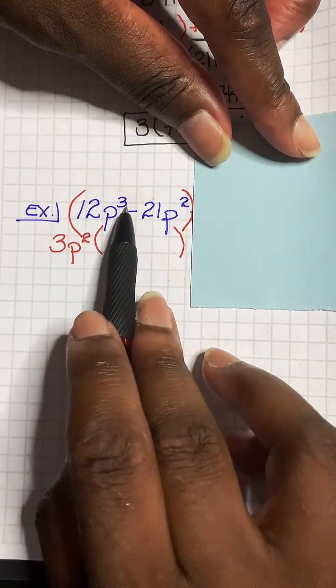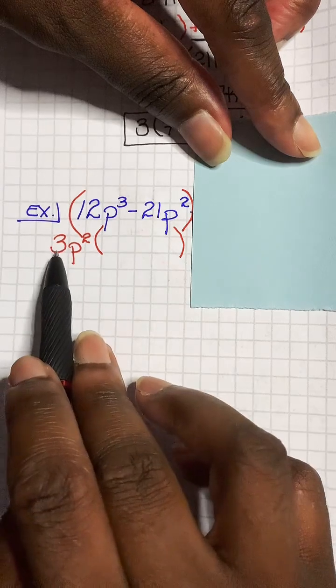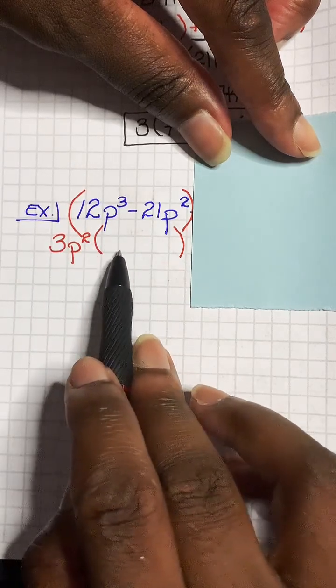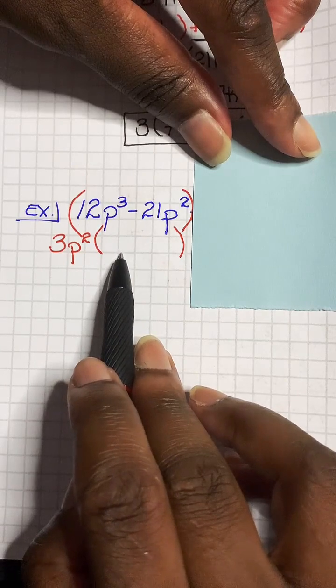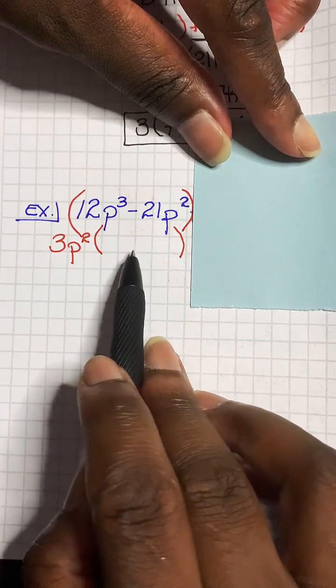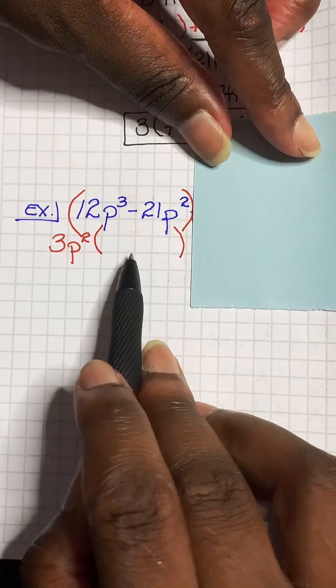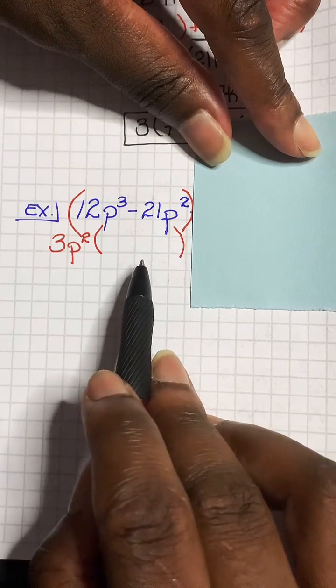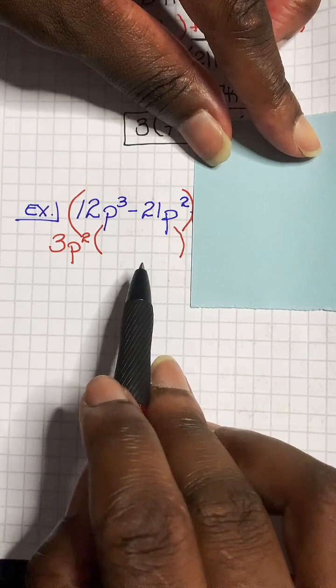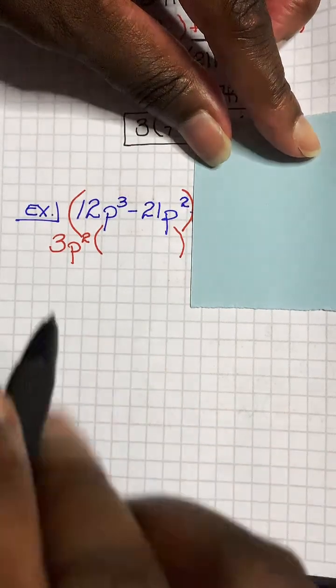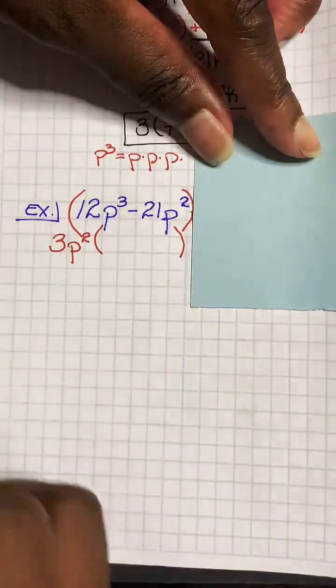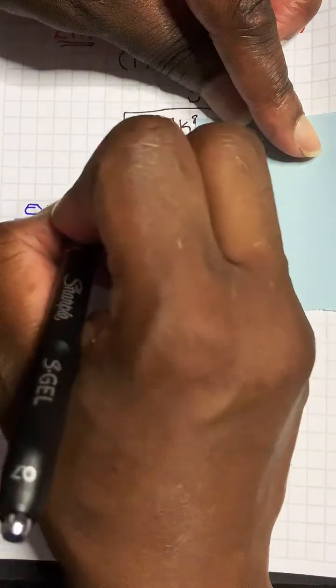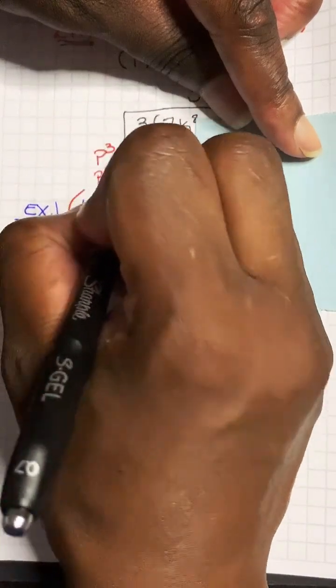So 12p cubed divided by 3p squared will give me what? So a couple people, yes, in common. How do I find the common number between the two? So if I have 3 P's for 1, that means that's P times P times P. And the other one has 2 P's.